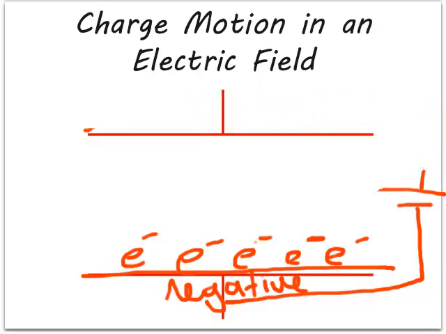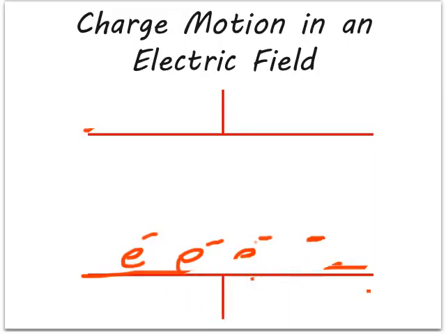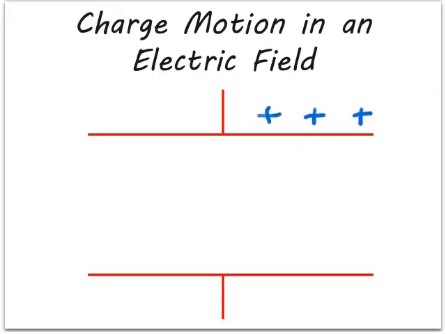So, let's have a look at what charges do when they are fired between charged plates. If this top one here is a positive plate, in other words too few electrons, and this one down here is a negative plate, then you can create an electric field.